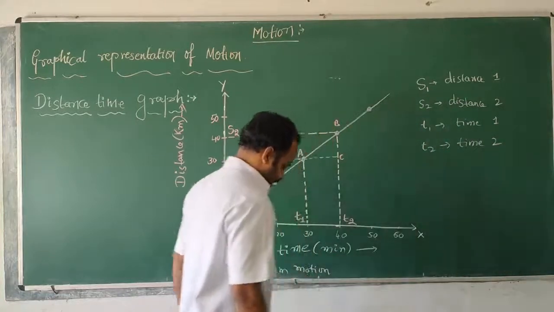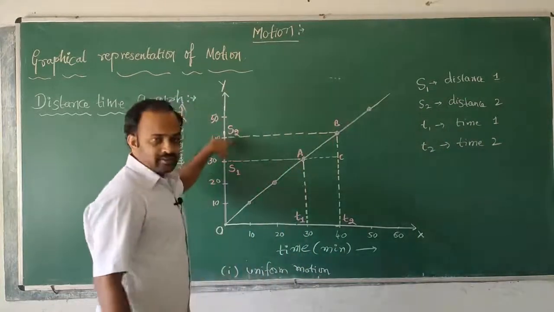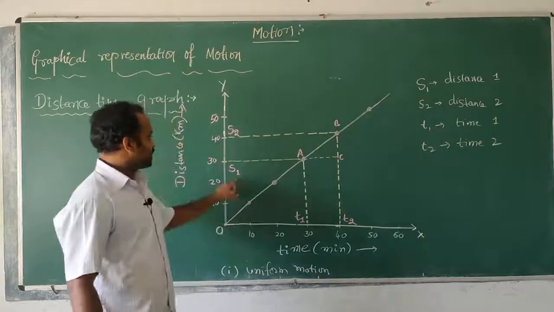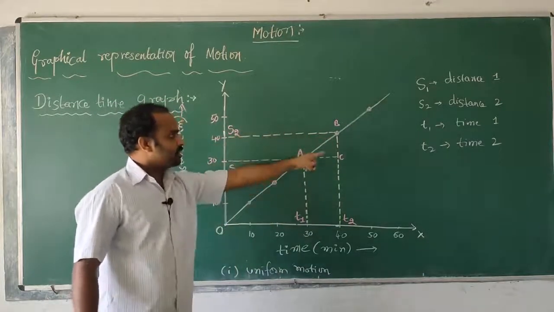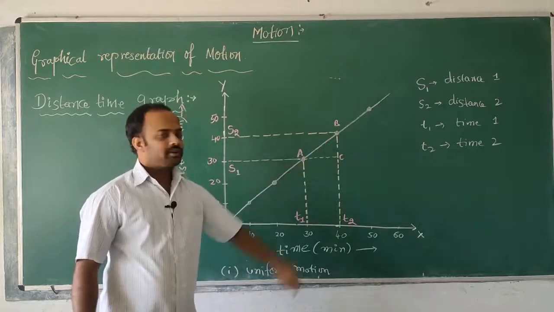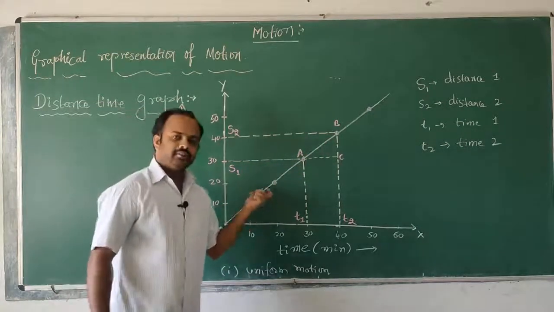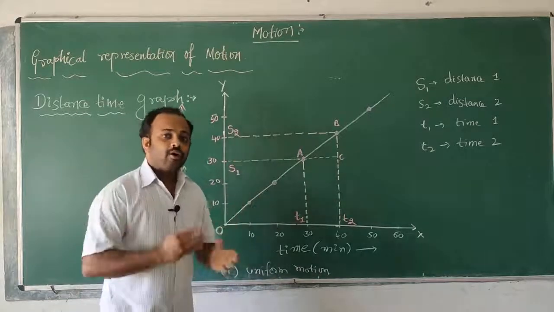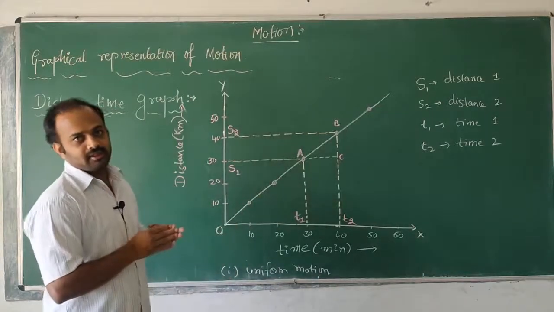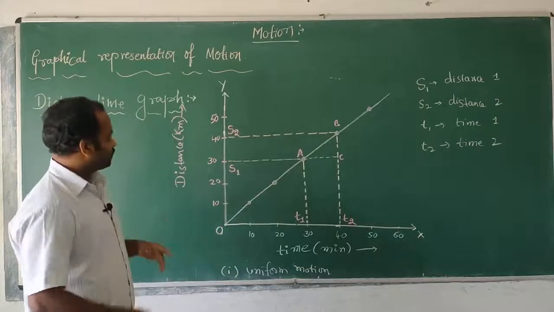Okay, here we taken S1 is distance 1, S2 is distance 2, T1 is time 1, T2 is time 2. Okay, from this we can find the velocity of the object.